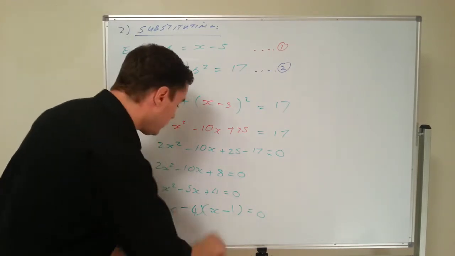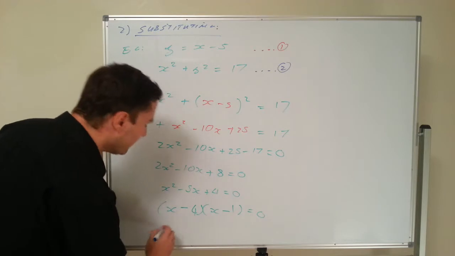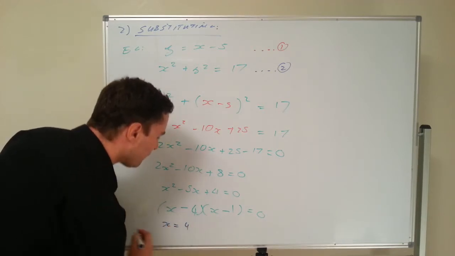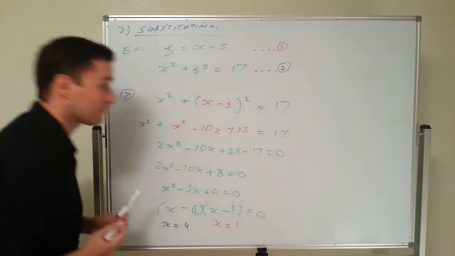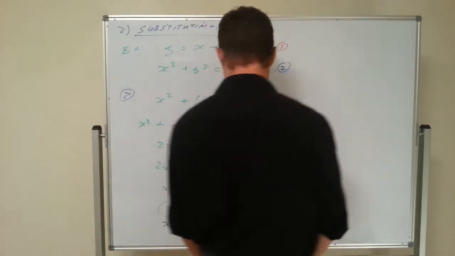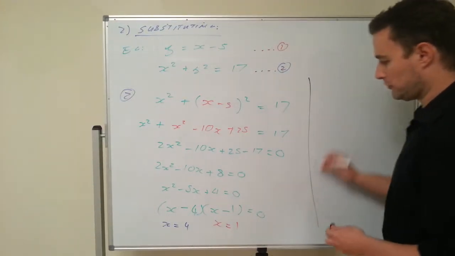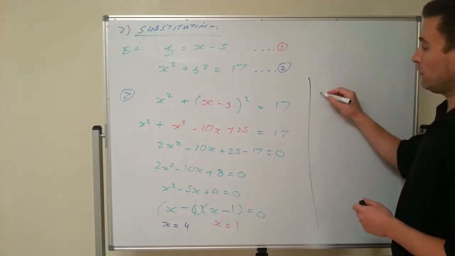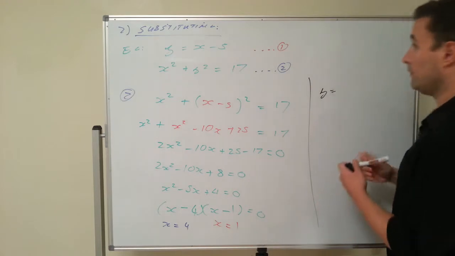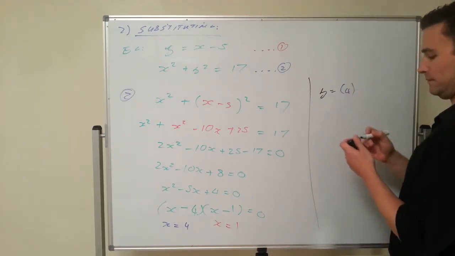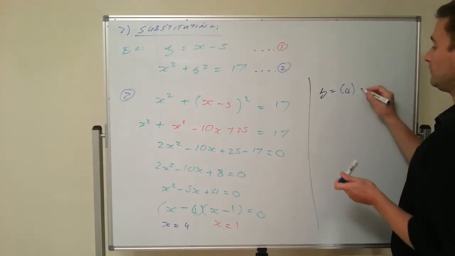Okay. So that gives me two solutions. I've either got x equals 4, or I've got x equals 1. And now, just like I did with the last one, I'm going to back substitute it into equation number 1. So I've got y equals 4 minus 5.